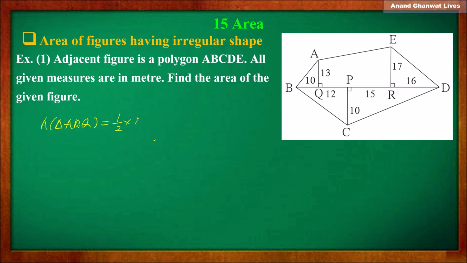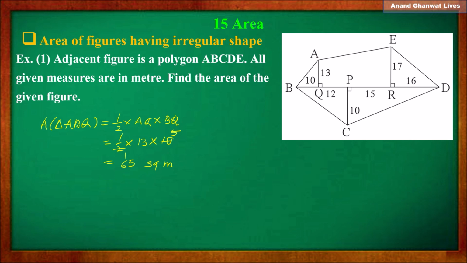So 1/2 into AQ into BQ, equal to 1/2 into AQ is 13 and BQ is 10. So 2 1s are 2 and 2 5s are 10, 13 into 5, so 65 square meter. All the measurements are given in meters. So 65 square meter is the area of triangle ABQ.